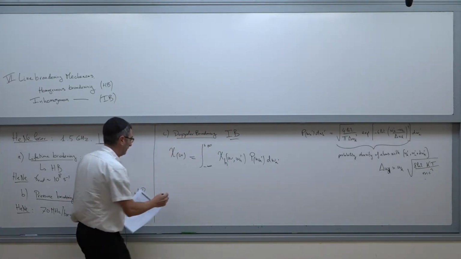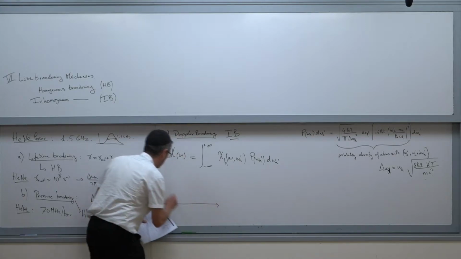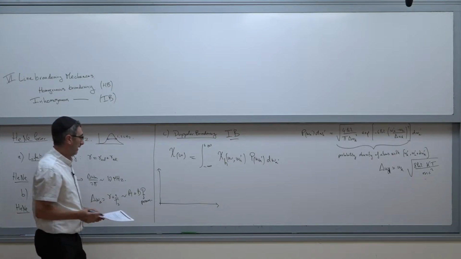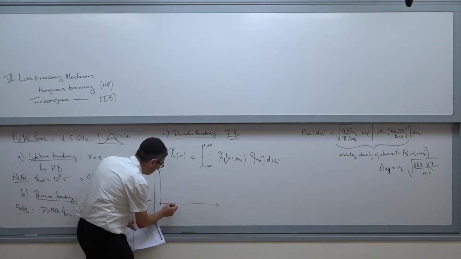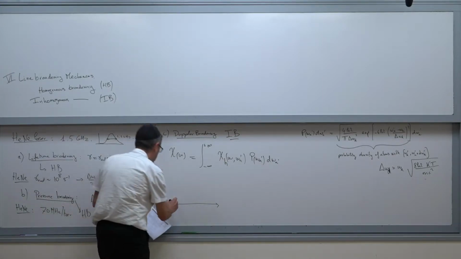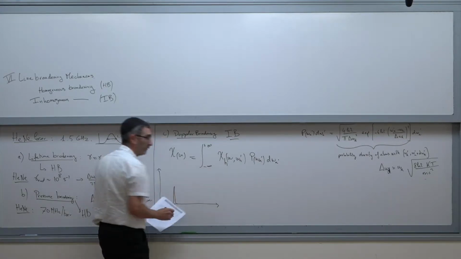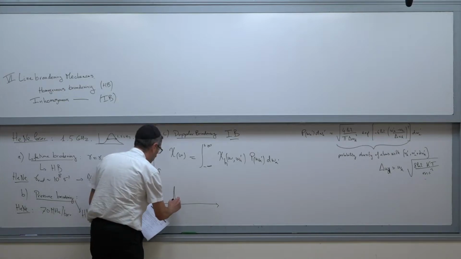If I look at the spectrum and I want to draw this chi function for each given frequency, I can say that I have a homogeneous line width. The next group of atoms gives you another homogeneous line width here, the next group another one.